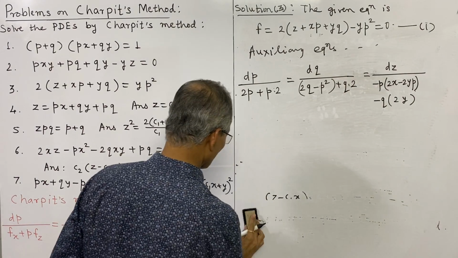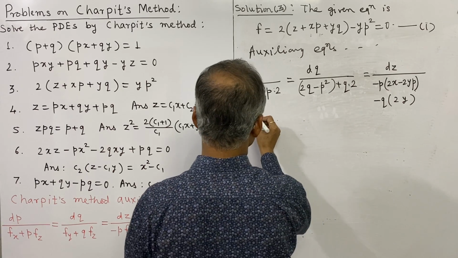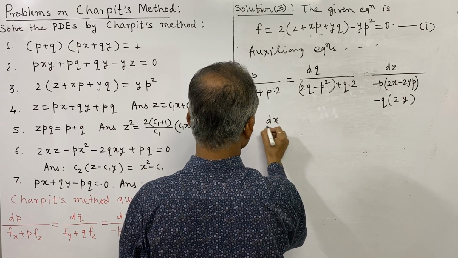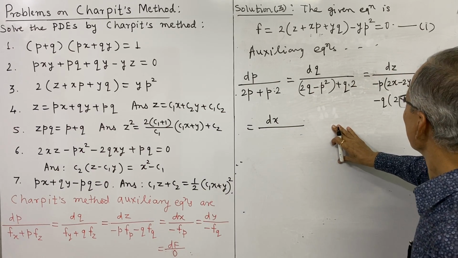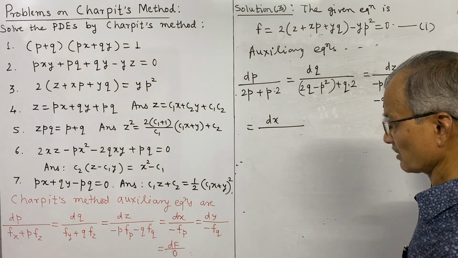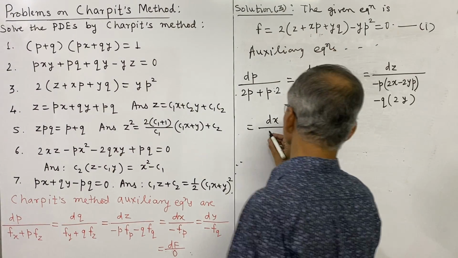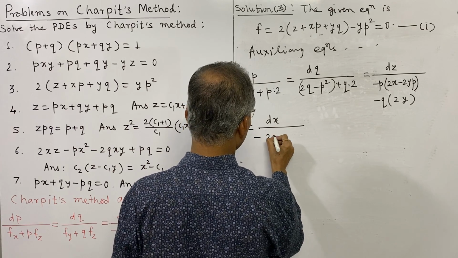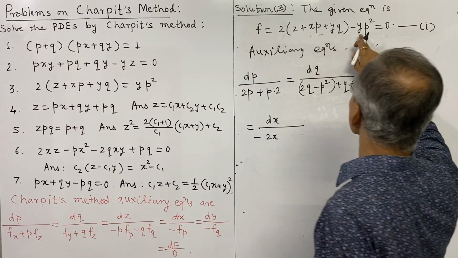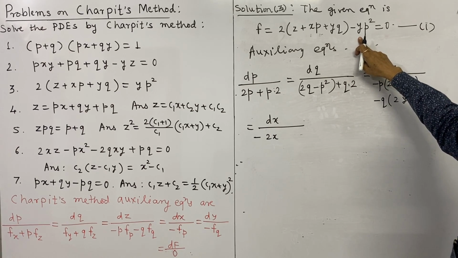And now what about next ratio? Next fraction is dx. Dx divided by partial derivative of f with respect to p. And I think here we have written earlier. So partial derivative of f with respect to p is 2x. It is negative 2x. And then with respect to p, it is minus 2yp.